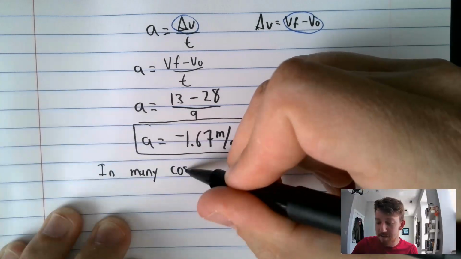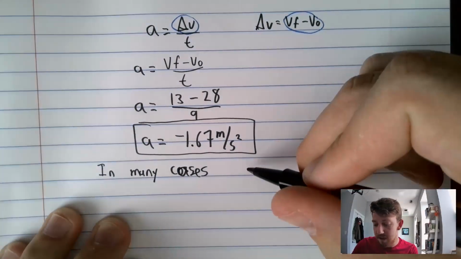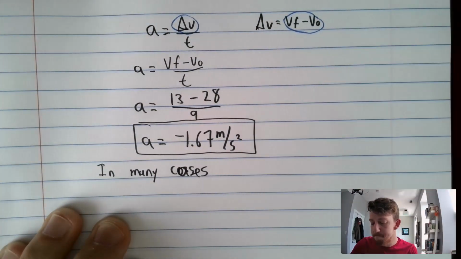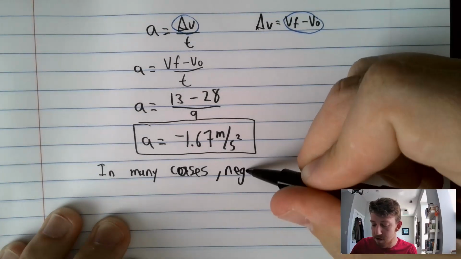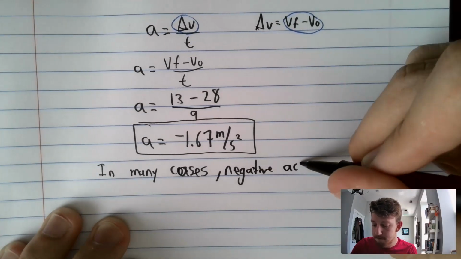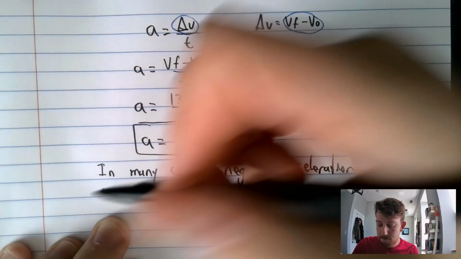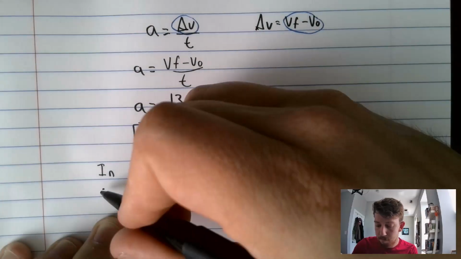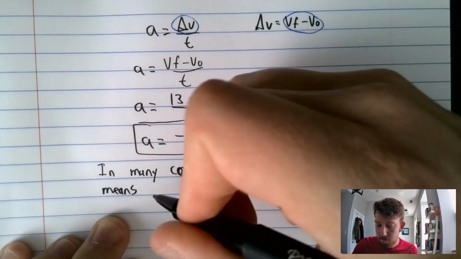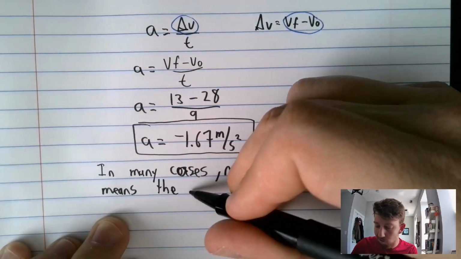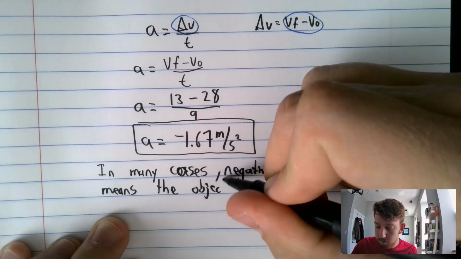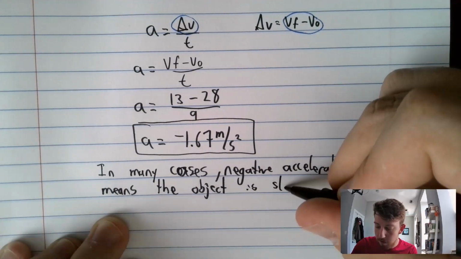I'd say most cases too. In most cases, negative acceleration means the car, or whatever the object, is slowing down.